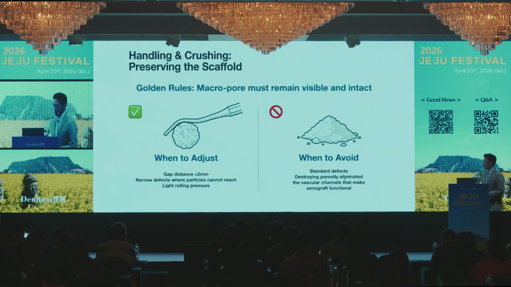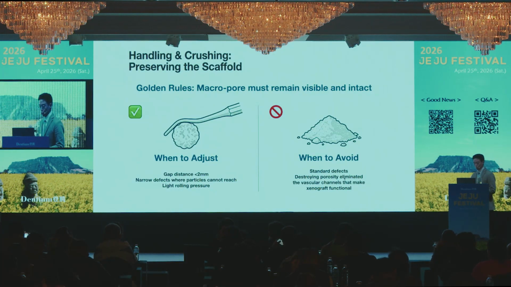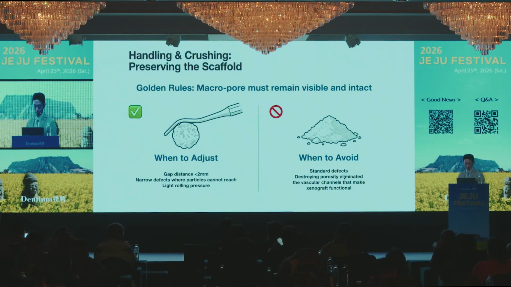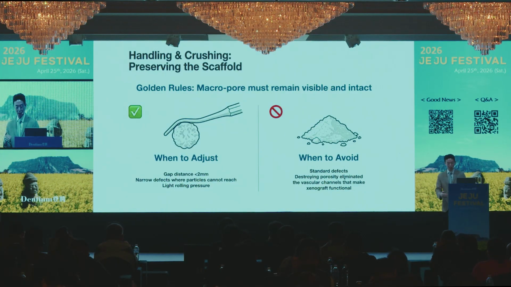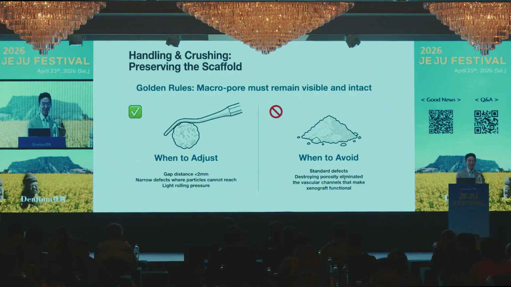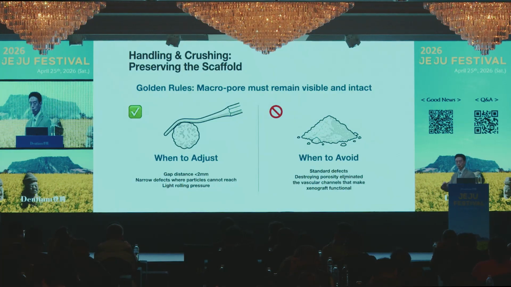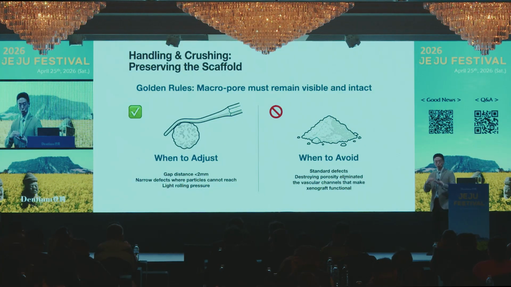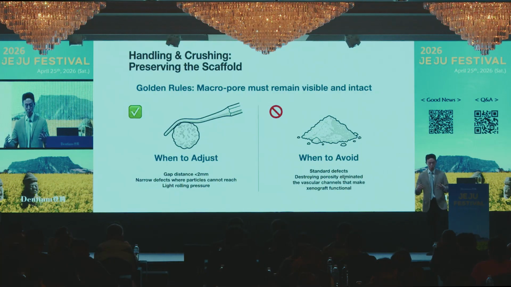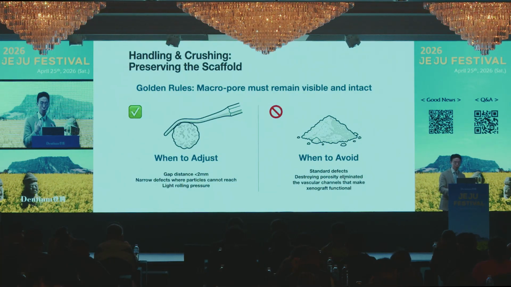There is one thing I'm very careful about when using particle type bone. I only apply light pressure, not moderate, not heavy pressure, to crush the particle when the bone defect is less than 2 or 3 millimeters. For standard size defects, I never modify the particle shape, to ensure the macropore structure of the Osteon Geno particle bone.